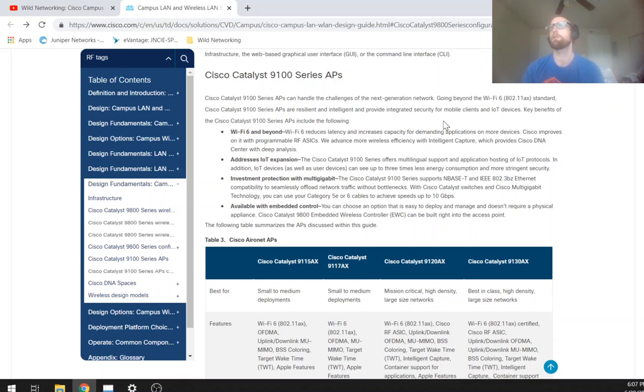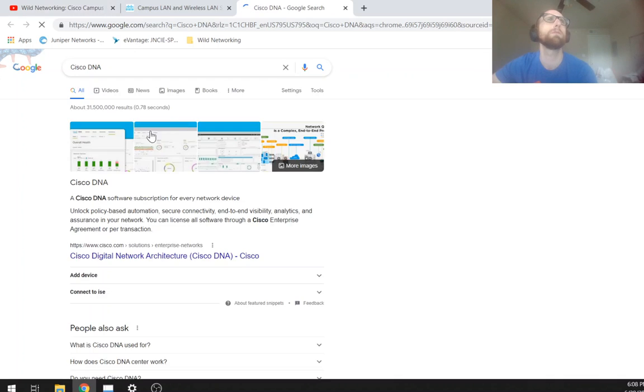We advance more wireless efficiency with intelligent capture, which provides Cisco DNA Center with deep analysis. And I'm not sure what Cisco DNA is. Let's see what it is. So Cisco DNA, digital network architecture.